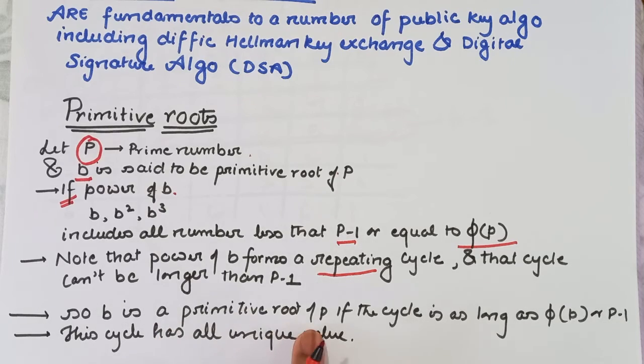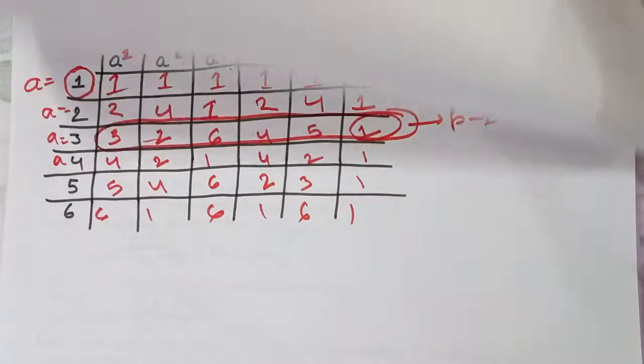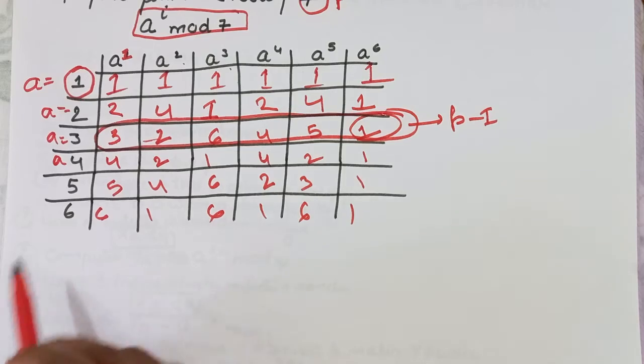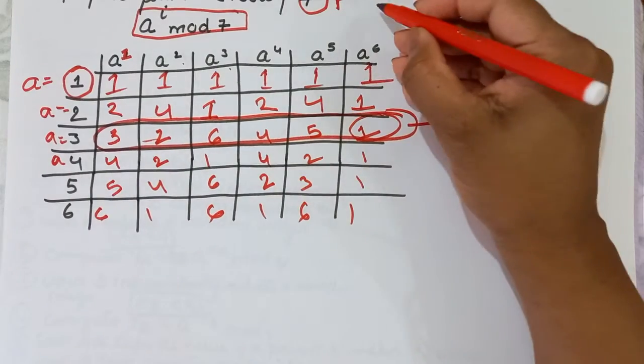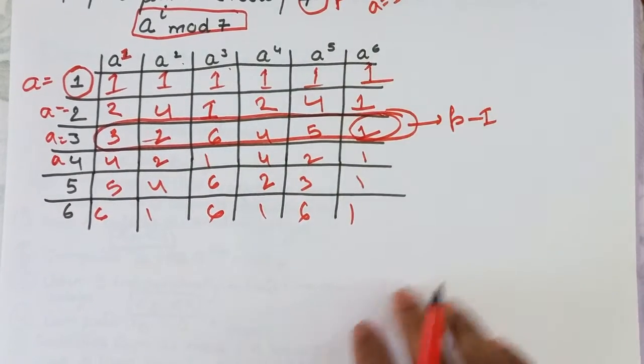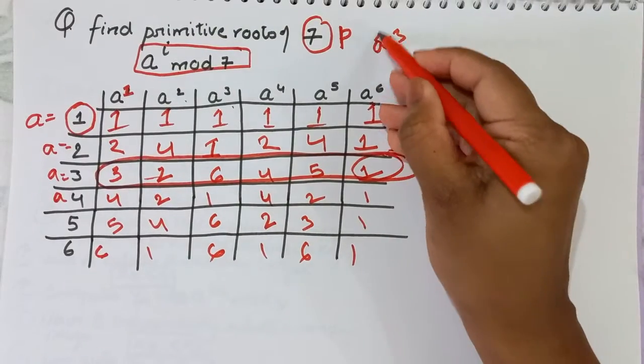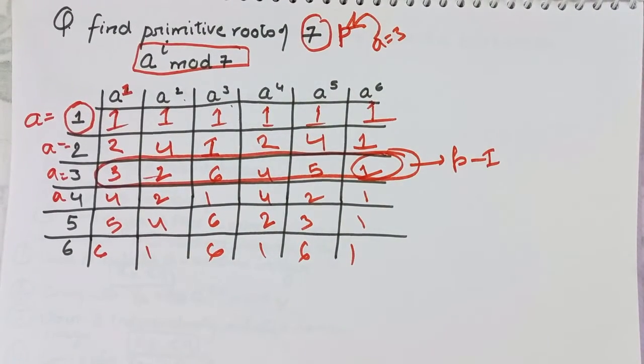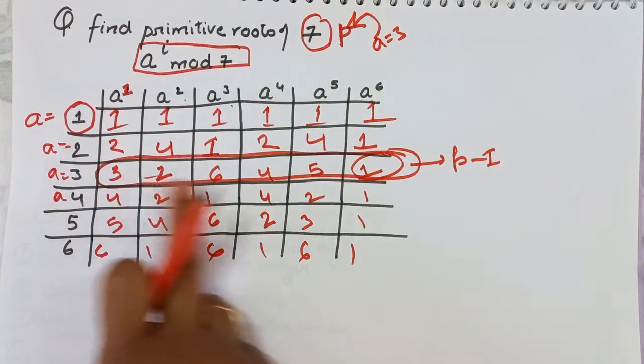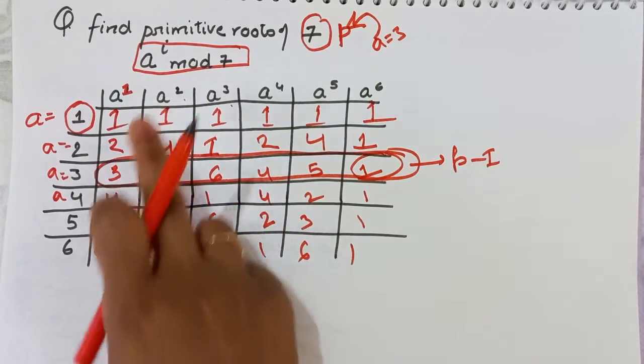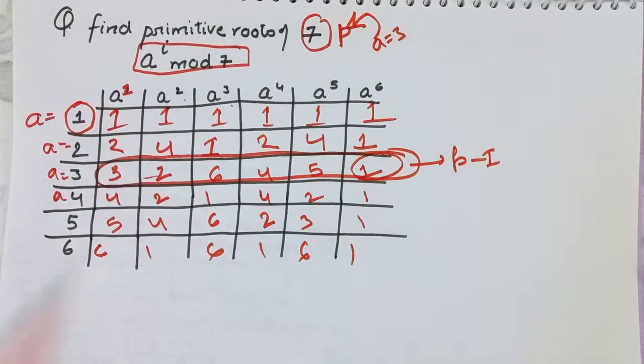Therefore, we can say that a equal to 3 is a primitive root of 7, because the length of the cycle is as long as p minus 1.